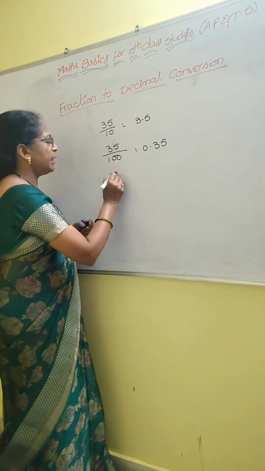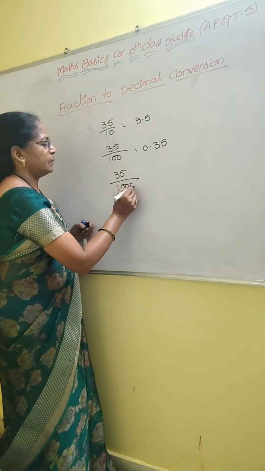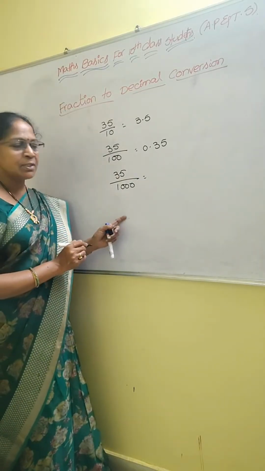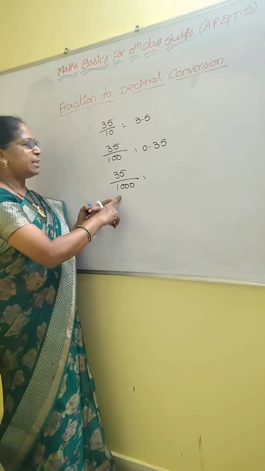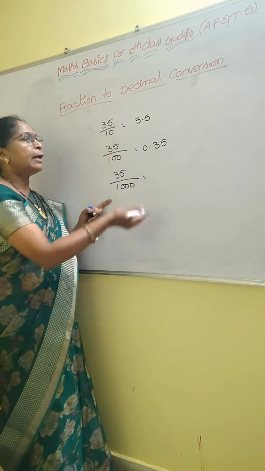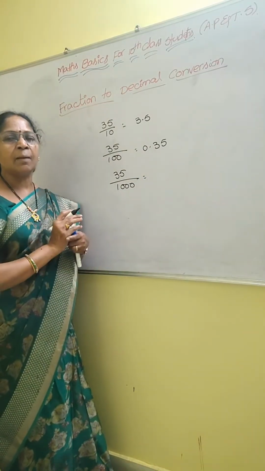Suppose here 35 by 1000. In the denominator 1 followed by 3 zeros. Whenever these are powers of 10, only then you have to follow this procedure. Otherwise this is not applicable.